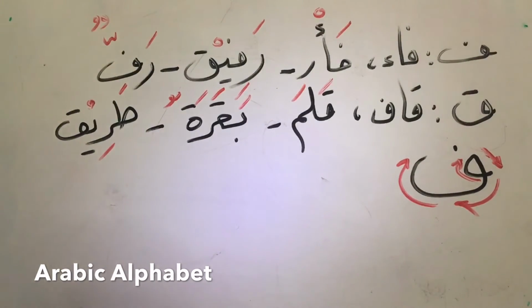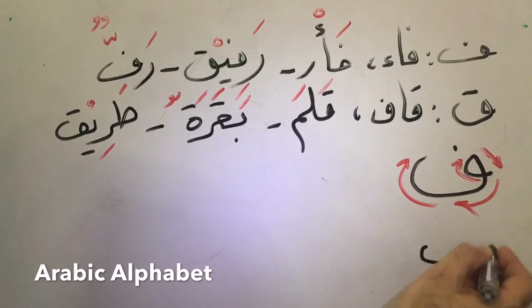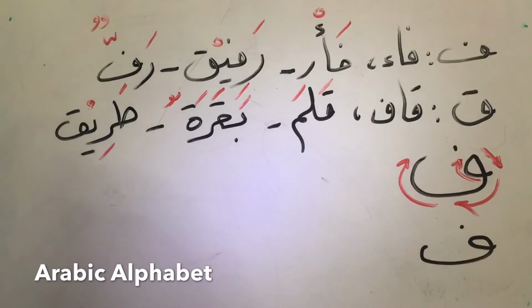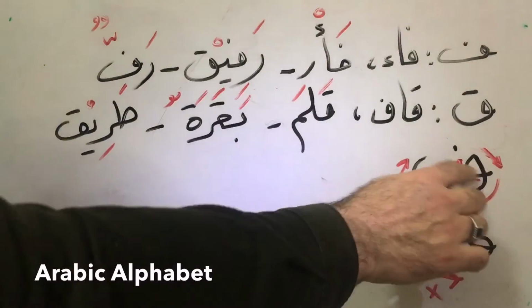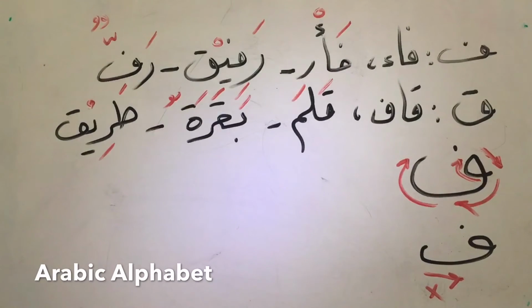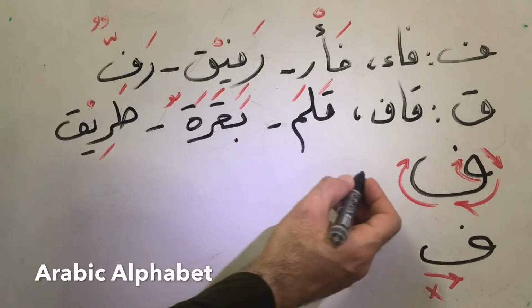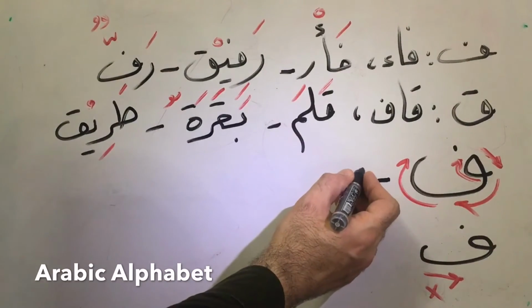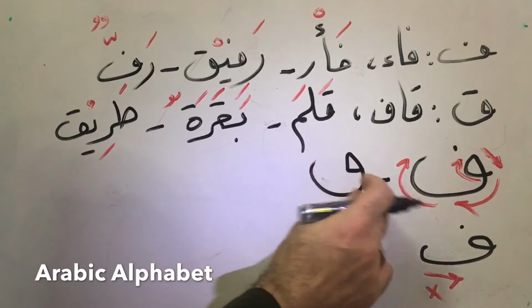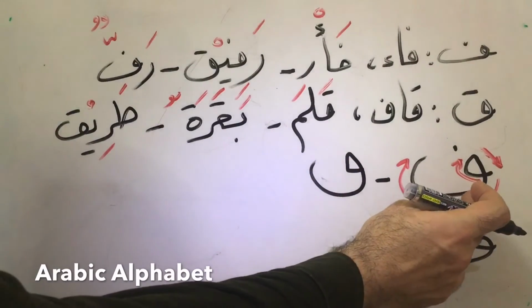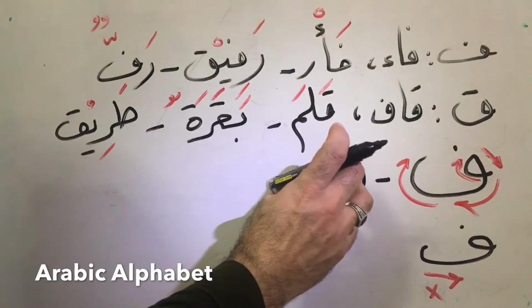It is wrong to write it like this. This is not acceptable to start from here. So we have to start from the beginning, because in Arabic, as you know, we start from the right to the left. The similar way is also with Qaf, but we can see that Fa is spread more, Qaf is narrow.